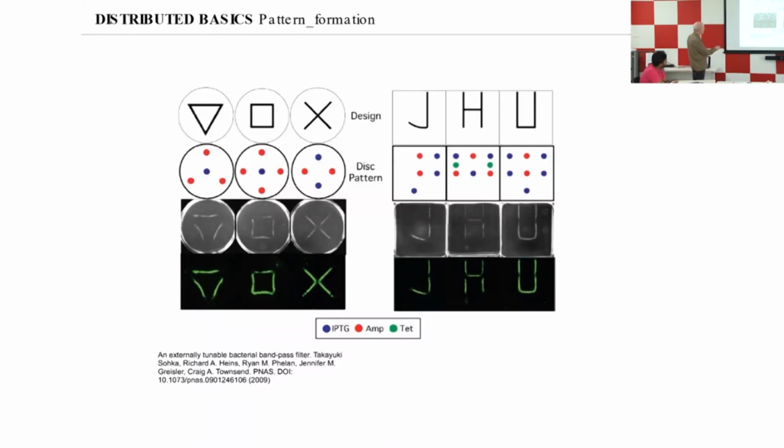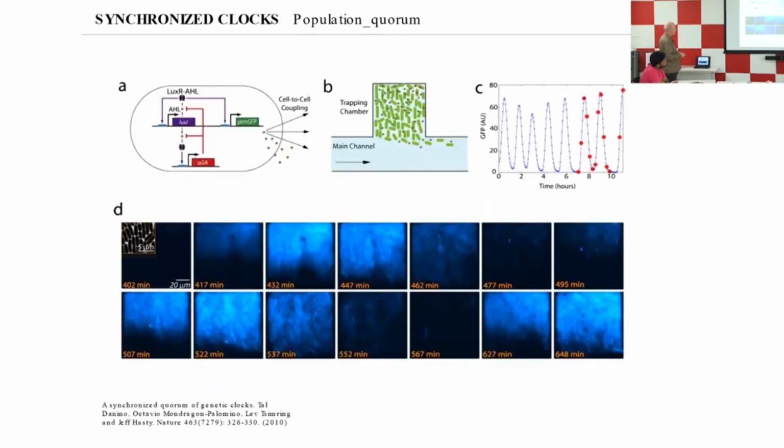Then depending on what you put in every position, you can have different letters being produced, right? It's like a, I don't know, this could be like a V, like an O, an X, J, H, U. So this would be reminiscent of what we had before with the other case of the numbers, but in this case, the implementation of the logic is not just one bacterium, it's a collection of bacteria.